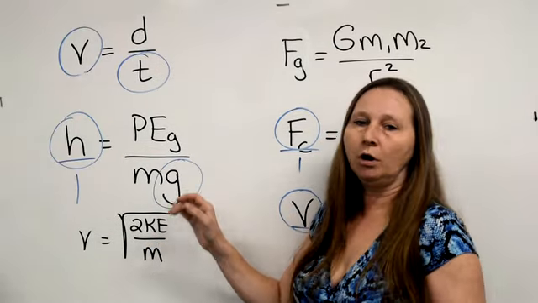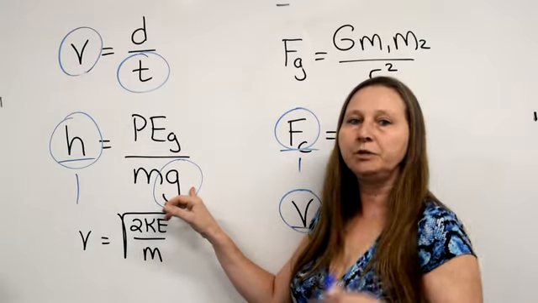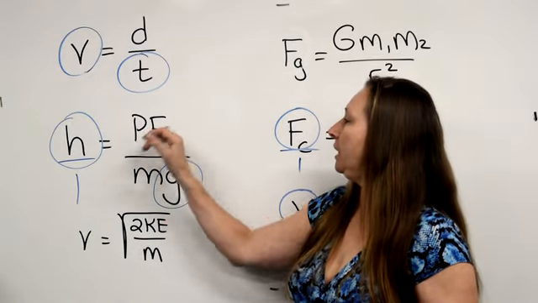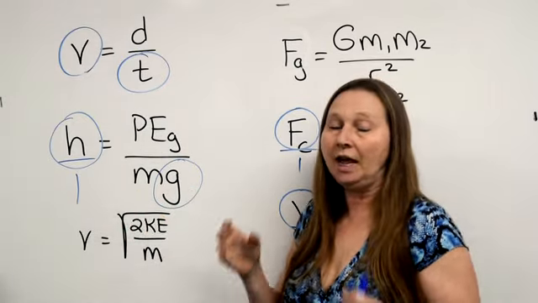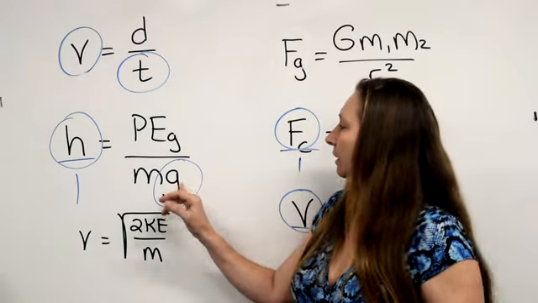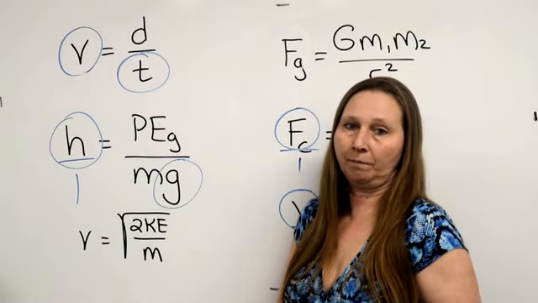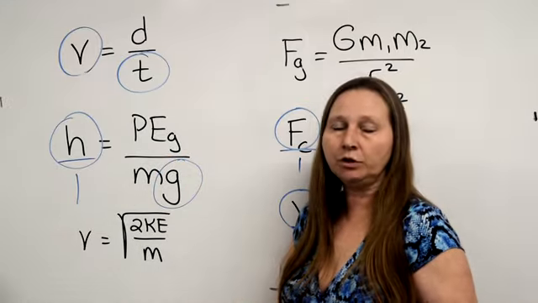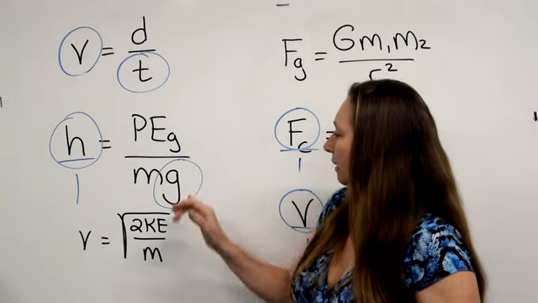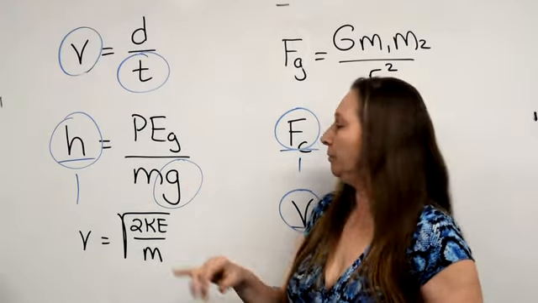Now, if you go to a larger planet, let's say Jupiter, where G is bigger, what this means is that in order for PEG and M to stay the same, if G is bigger, then that means H, the height, has to be smaller. So again, this is an inverse relationship between H and G. And keep in mind, G means you're going to a different planet or you're changing your position relative to the same planet.